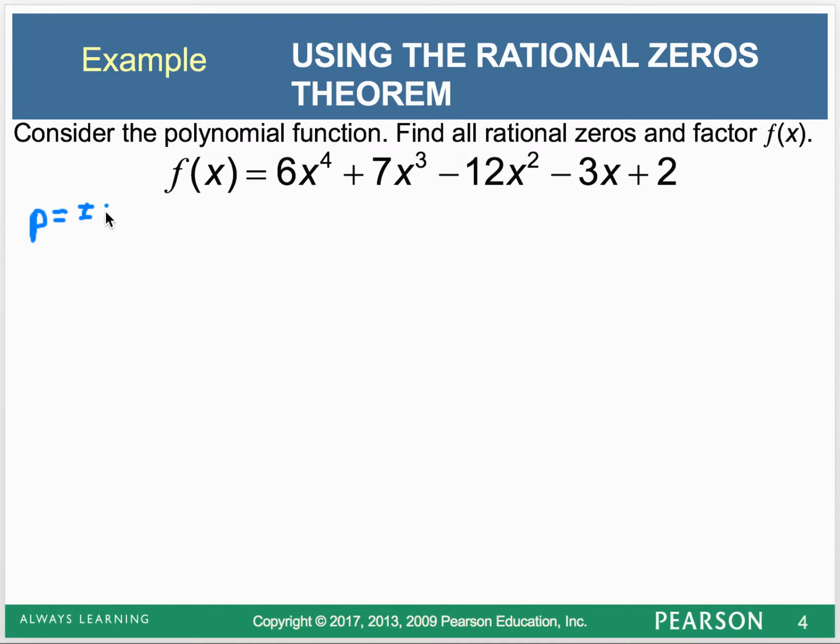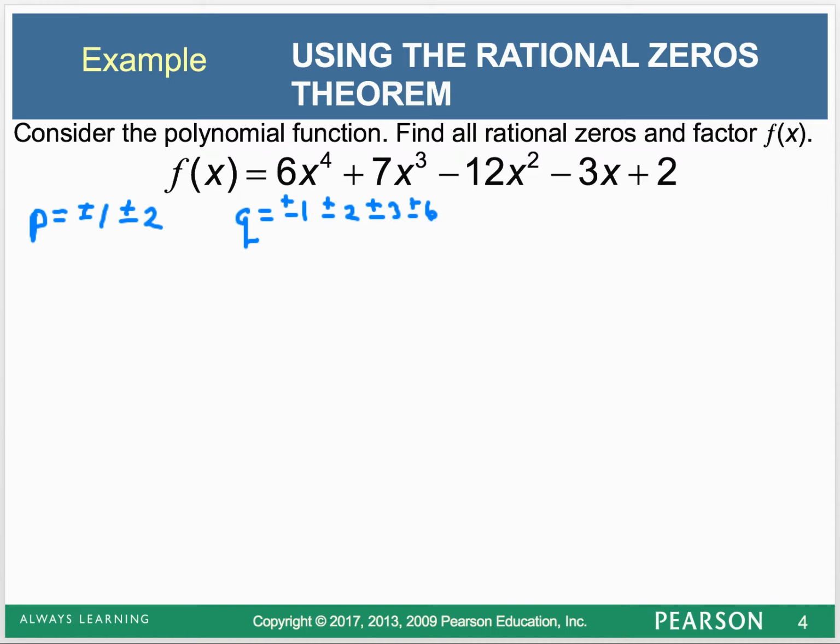P would be factors of 2, which are only 1 and 2. Okay. Q, factors of 6, which are 1, 2, 3, and 6.